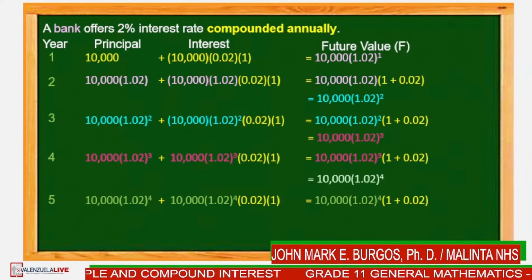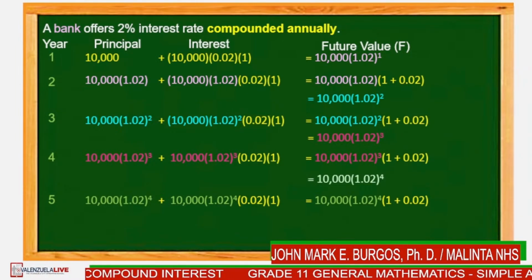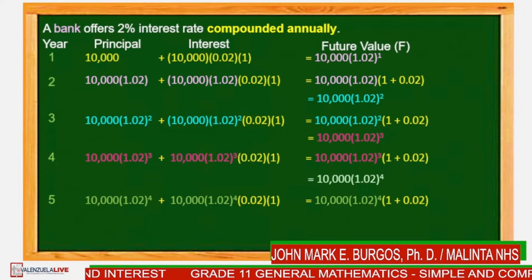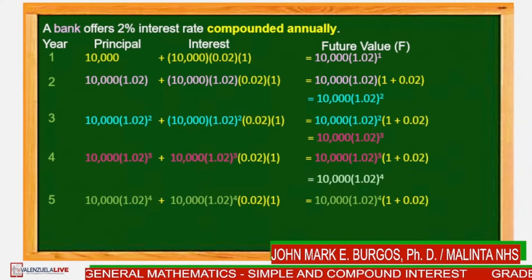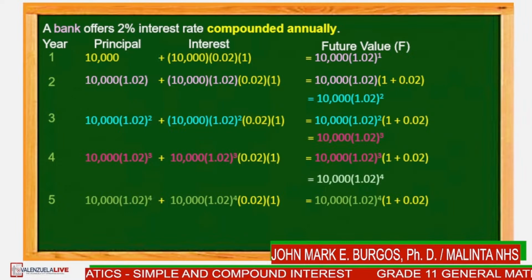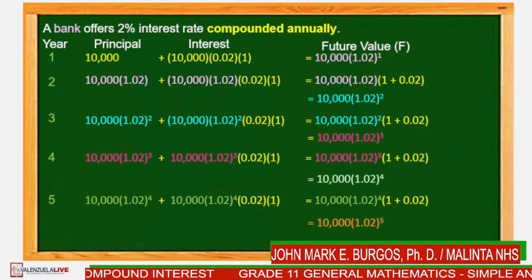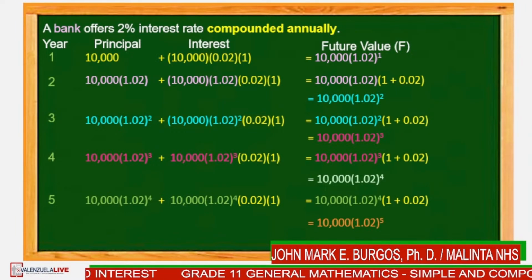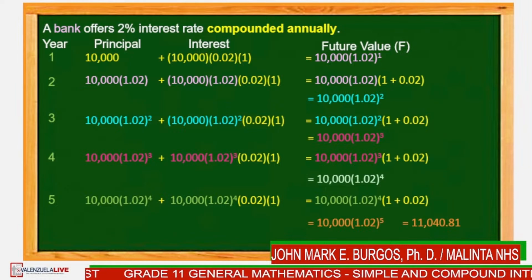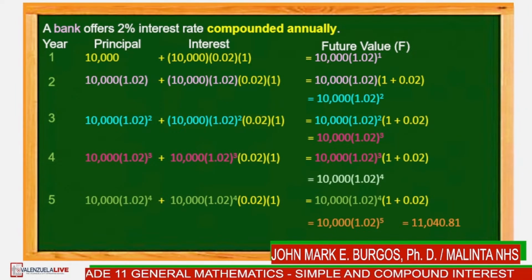The future value will be 10,000 times 1.02 raised to the power of 4 times 1 plus 0.02, or to shorten it, it will be 10,000 times 1.02 raised to the power of 5. And to compute it, it will be 11,040 pesos and 81 centavos.